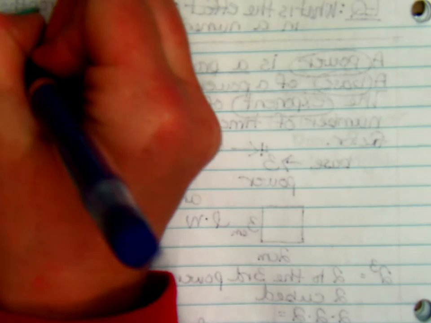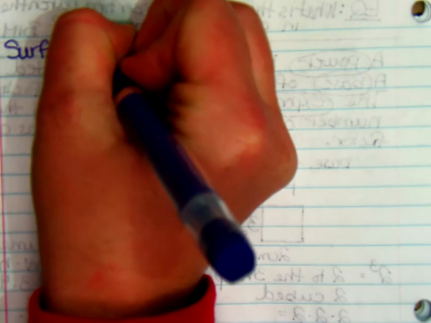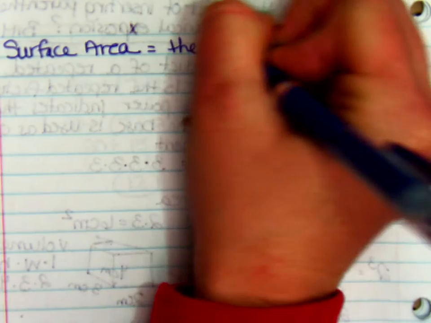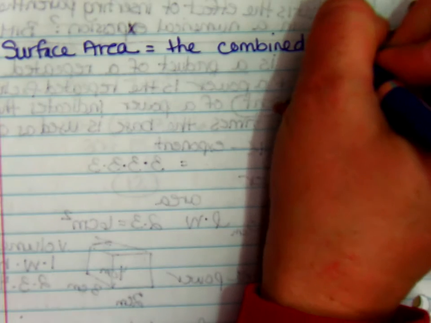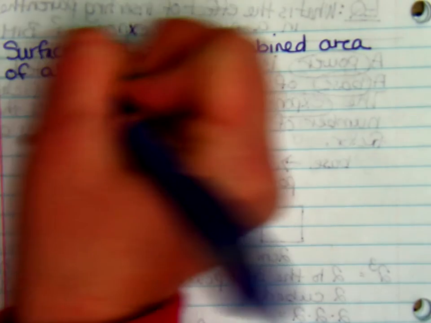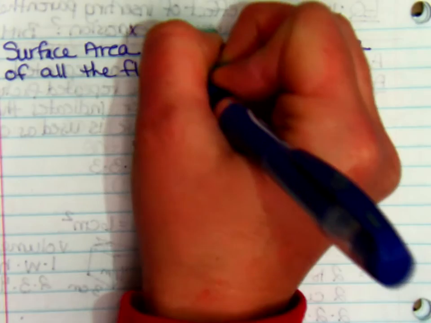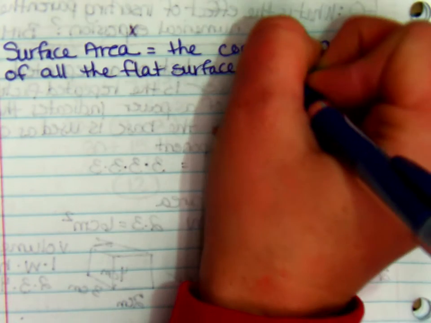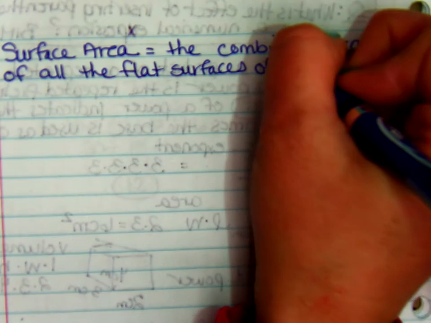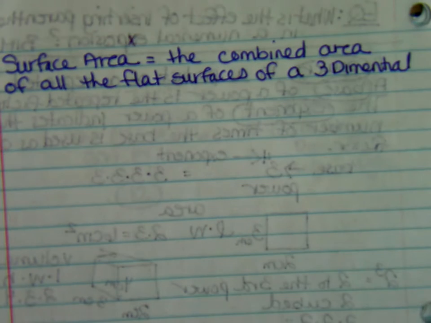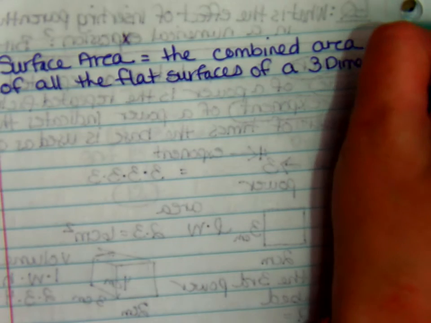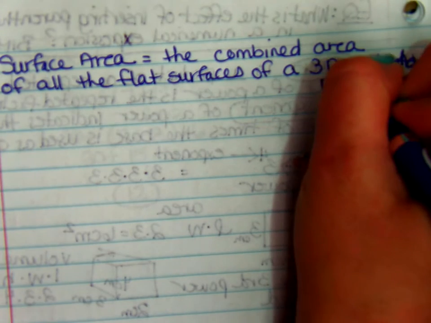excuse me, surface area. Okay, surface area is the combined area of all the flat surfaces of a shape or of a three-dimensional... sorry, I spelled it wrong.